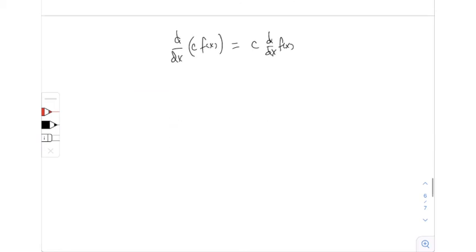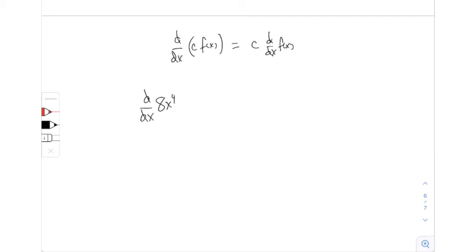I don't know if that looks useful. This is extremely useful. It's so useful that if you know the tricks already, you might have even forgotten about this one, even though you do it all the time. You don't even really think about it because it's so deeply embedded in how you do the derivative. For example, if I wanted to do the derivative of 8x to the 4, I already know the derivative of x to the 4.